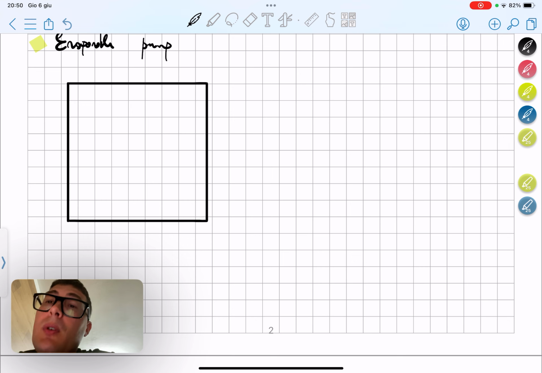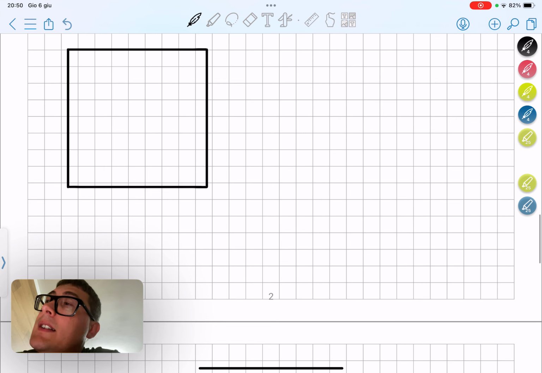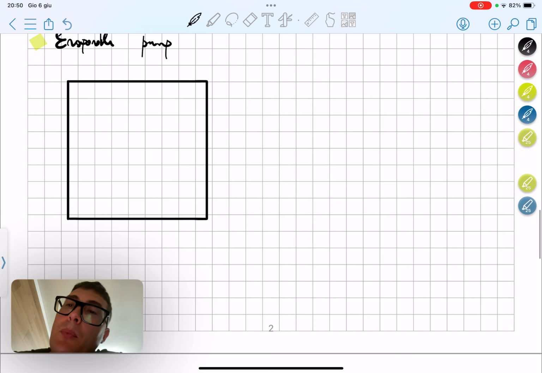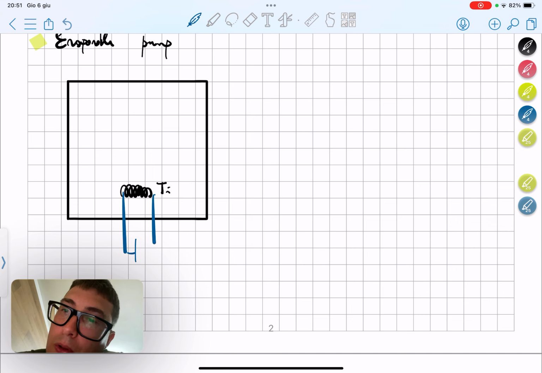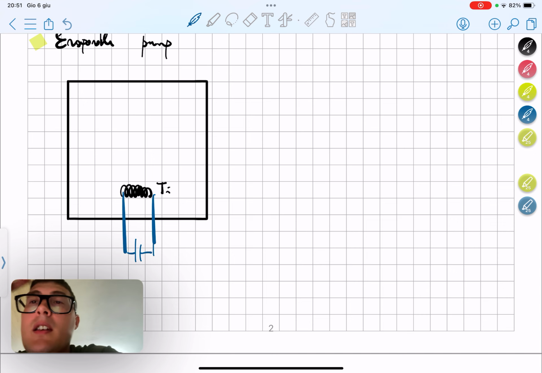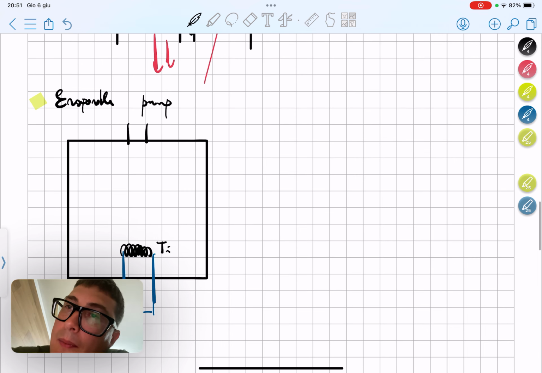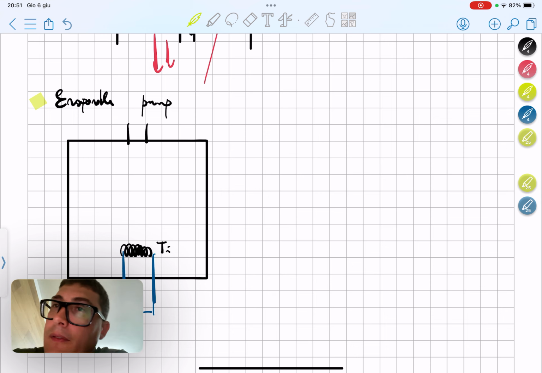So in this evaporable pump, we have a filament inside, which can be made of titanium, which is connected to a certain bias, okay, and we let the gases from the vacuum, from the chamber, come this way.